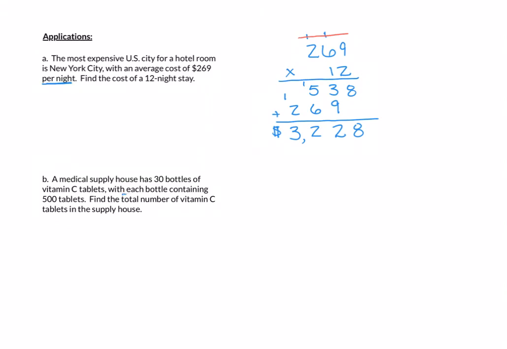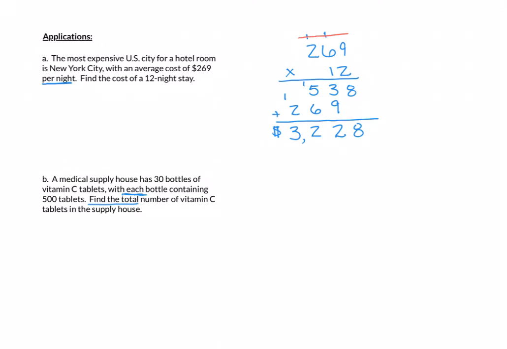Again, we have another word like per, we have each. So each tells us this is either a multiplication or a division problem. We are being asked to find the total, so this tells me multiplication.